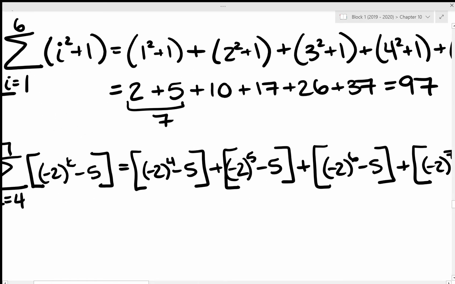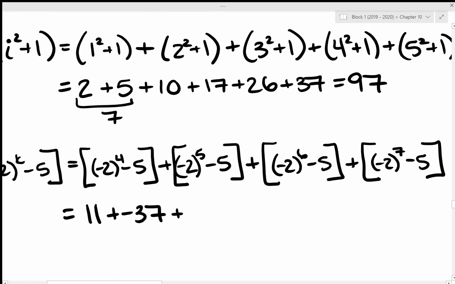So now I'm going to do all of this. Negative 2 to the 4th is 16, minus 5 is 11. Negative 2 to the 5th is negative 32, minus 5 is negative 37. Plus, negative 2 to the 6th is 64, minus 5 is 59.